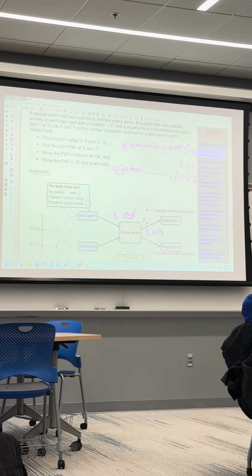That's what I wrote here: packet to output port 1 with probability 1/4 and packet to output port 2 with probability 1/4. You guys understood? So that's the philosophy behind it.